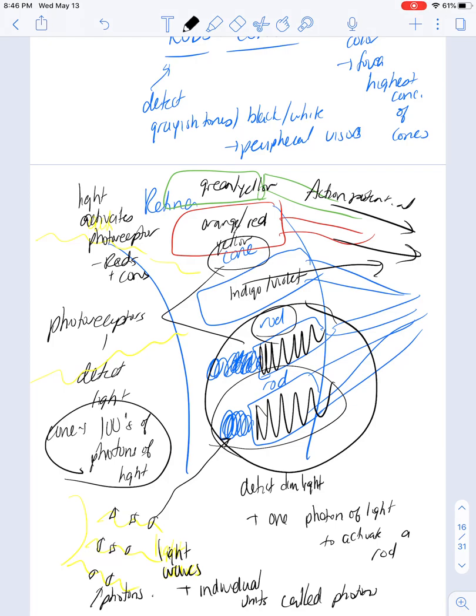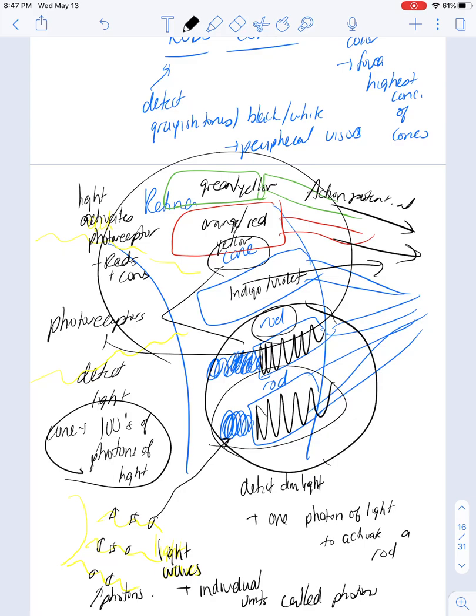If you turn off the light and there's only a single photon of light, the rod will be activated. But if you're staring at the sun, there are way too many photons bombarding your rods. They can't handle it, so they don't work in bright light. Only cones work in bright light. Rods generate an action potential with one photon of light, and cones generate an action potential when activated by hundreds of photons.